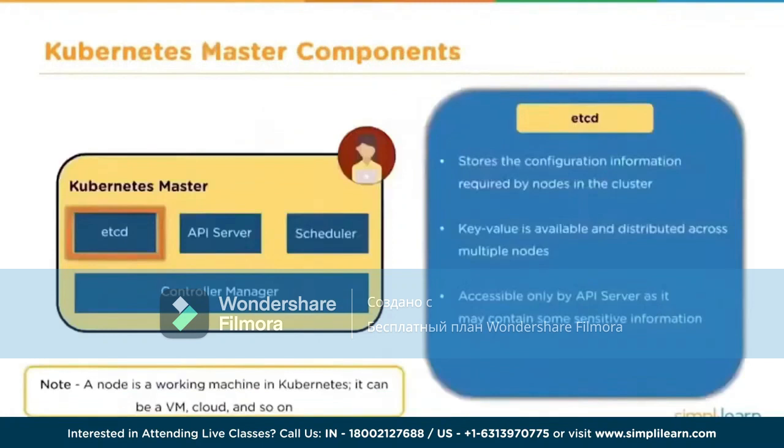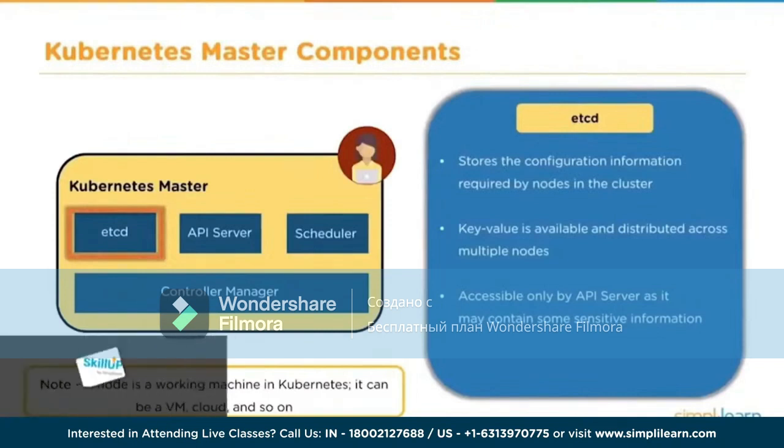So let's go through some of these areas. If we look at the Kubernetes master to begin with, we'll start with etcd. This is a tool that allows for the configuration of information and the management of nodes within your cluster. And one of the key features that you'll find with all of the tools that are managed within either the master environment or within a node is that they are all accessible via the API server.